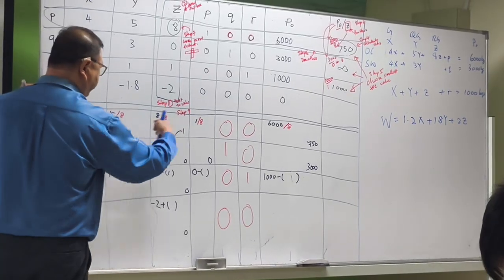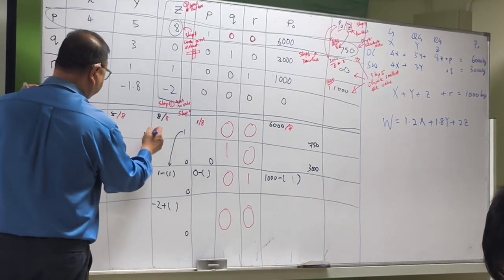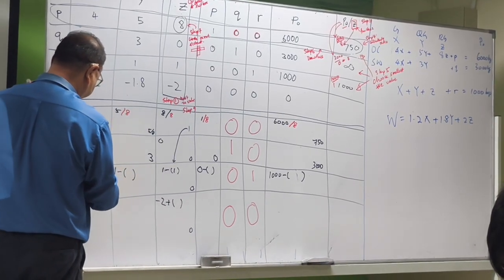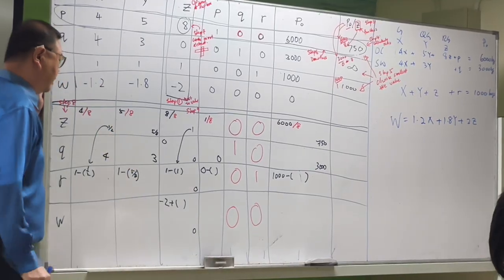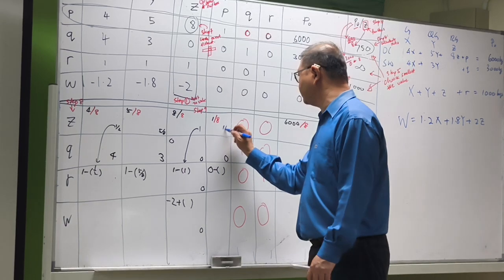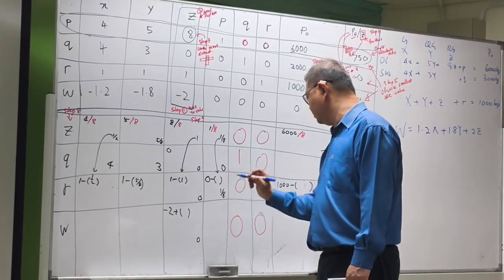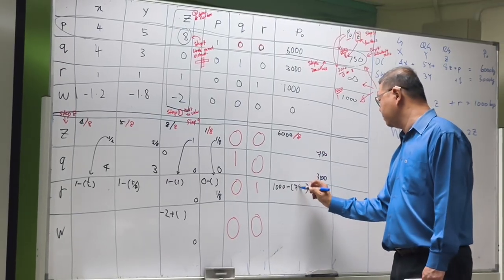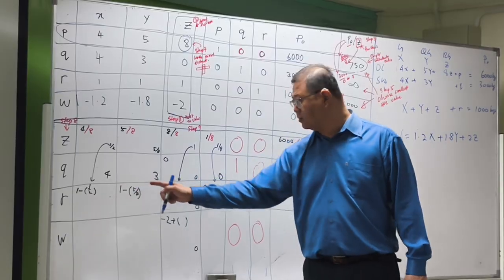The value that you have calculated from here. This is 1 over 2, 5 over 8, 1 over 2. Here, 5 over 3. This one here, 1 over 8. And here, 750. Now, no factor, so all no factor.